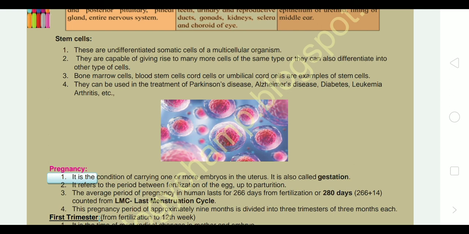Now there are some laboratories which provide lockers to store these stem cells and also the umbilical cord of a baby, which can be helpful in future to solve complex genetic diseases and disorders of that baby.